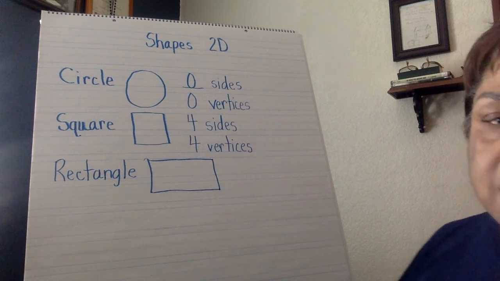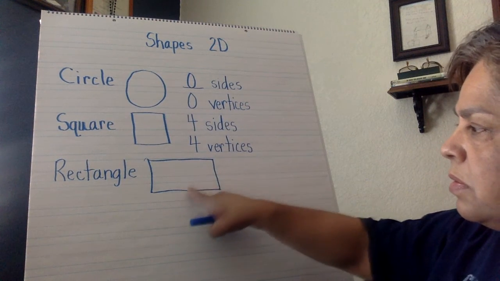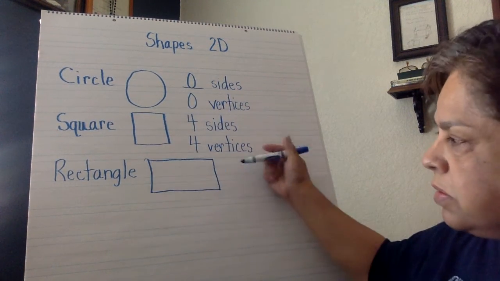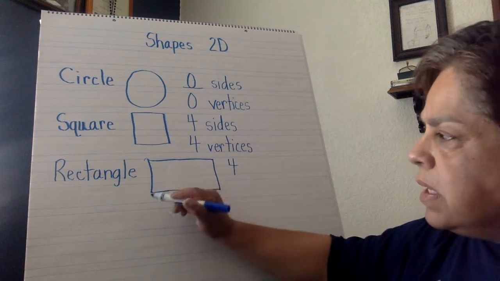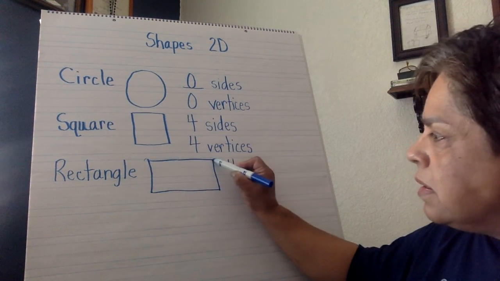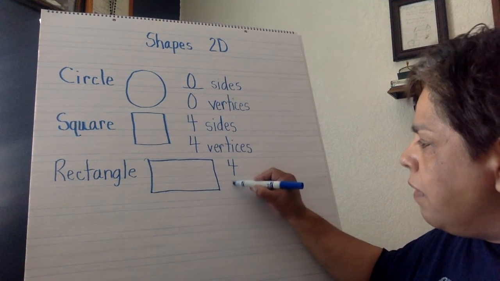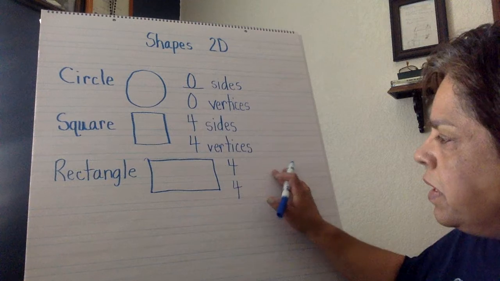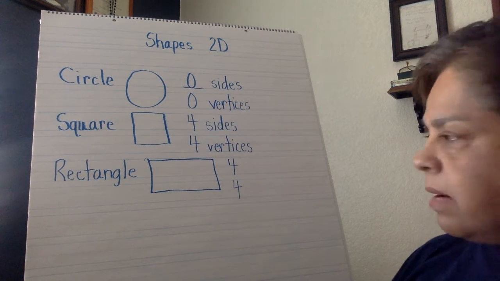Okay, so how many sides does a rectangle have? 1, 2, 3, 4. Just like the square. It has 4 sides. Okay, how many vertices? 1, 2, 3, 4. 4 vertices also. And I'll fill those words in later so that we can save this and have it for review later.